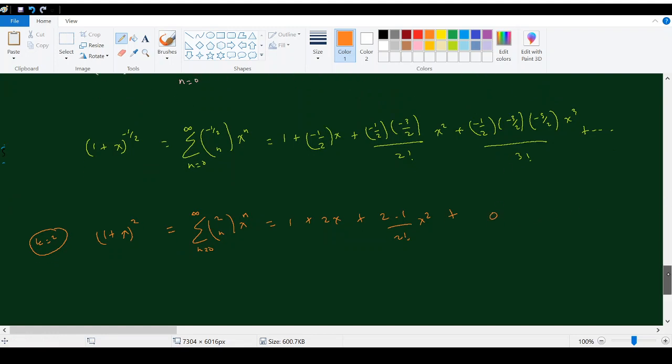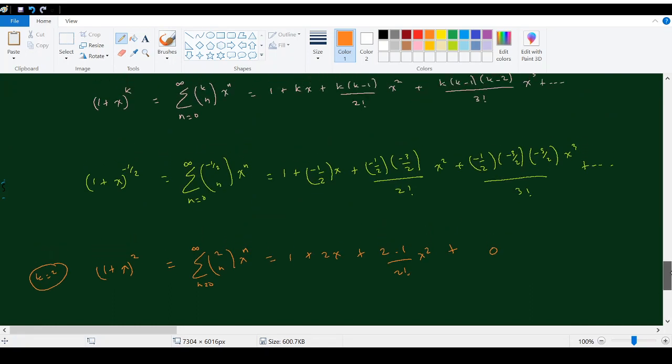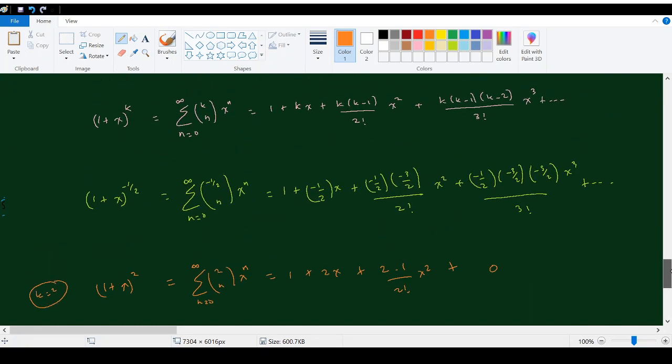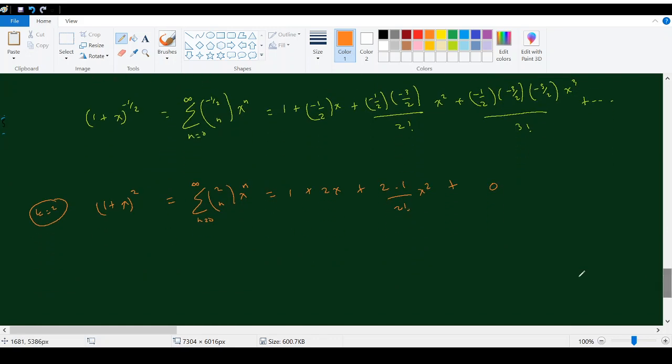Hence, this will only give a finite number of terms, right? So, if k is a positive integer, it will only give a finite number of terms. And we already know this one. See, if you simplify this one, what you have is 2x plus x squared. And you already know this expansion by Pascal's triangle, right?